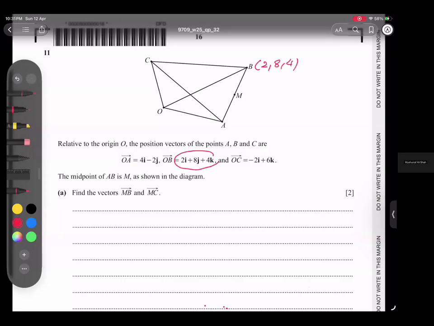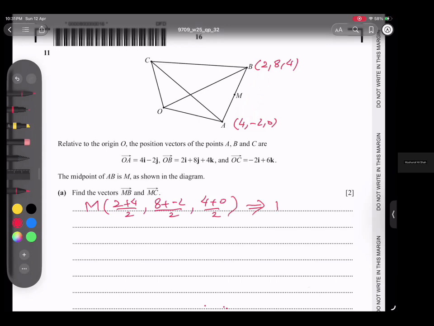You can see i, j, k. And the A coordinates are 4, -2, and 0. How to get a midpoint? The midpoint is not a hard job to find. Just add them and divide by 2. So the midpoint coordinate is 2 plus 4 divided by 2, 8 plus -2 divided by 2, and 4 plus 0 divided by 2.